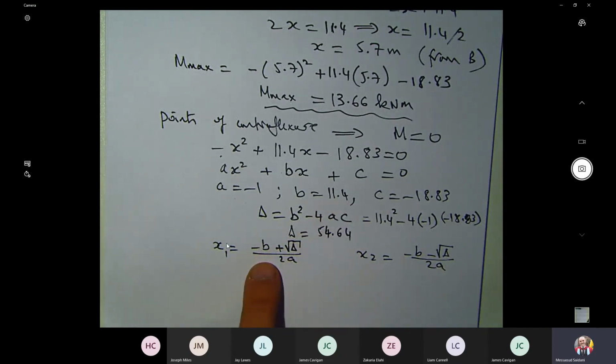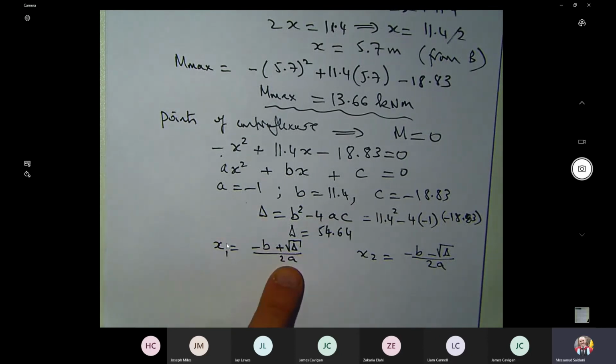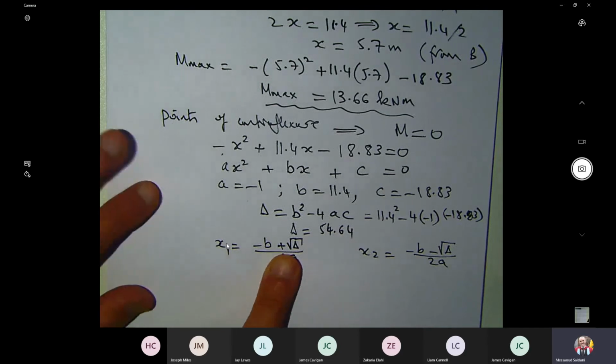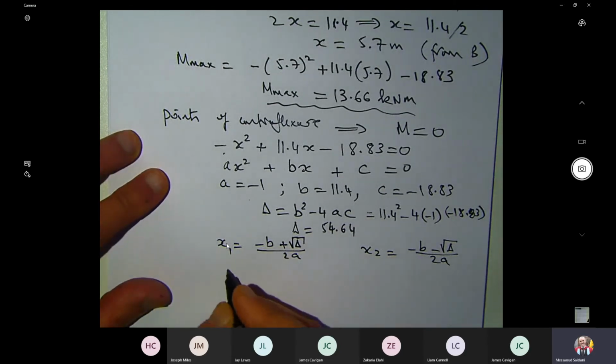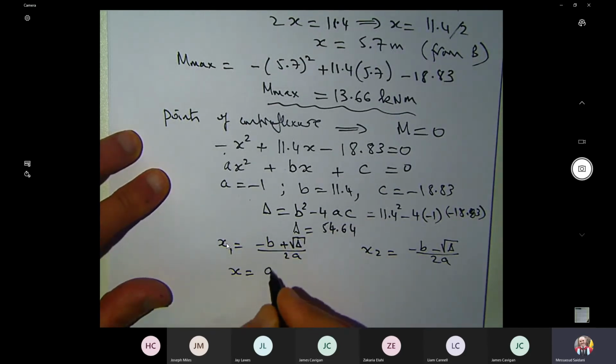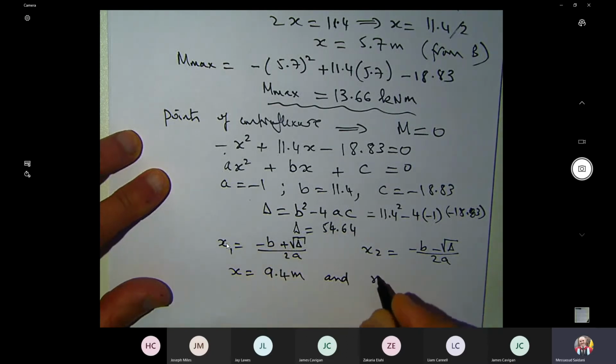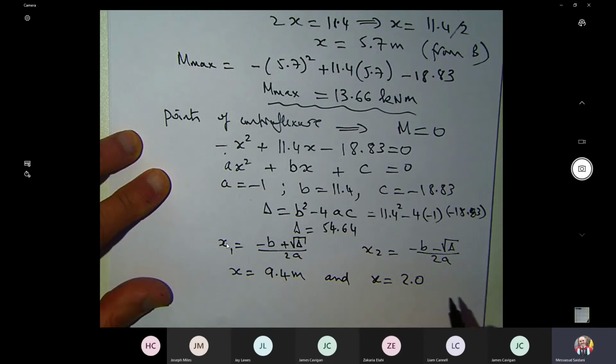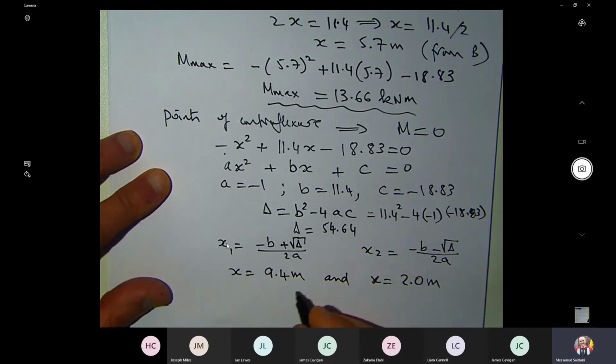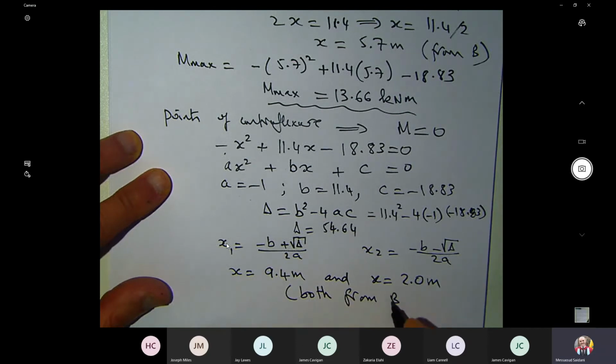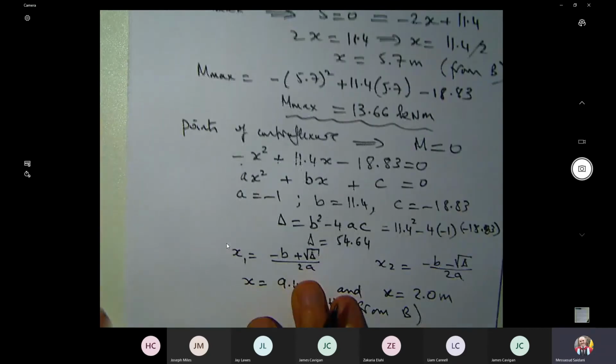So you substitute minus b, which is minus 11.4, the delta, and 2a, where a is minus 1. And if you do that, please again check, I've got x equals 9.4 meters and x equals 2 meters as the two possible solutions, both from the origin at B. Is that okay?